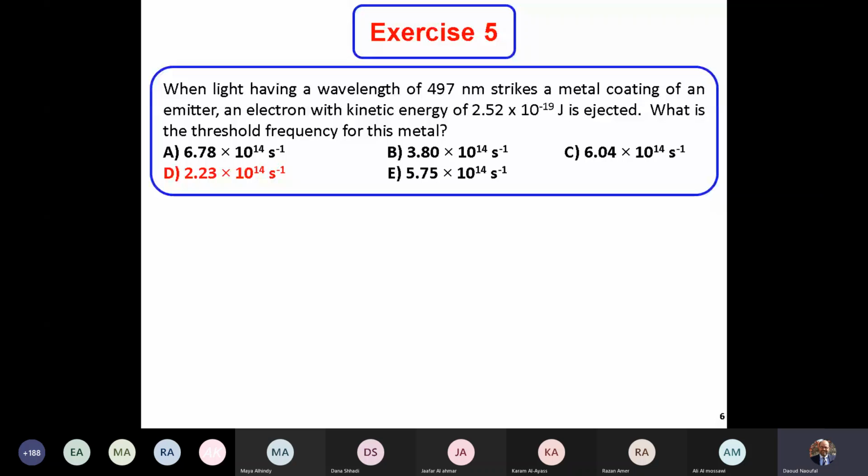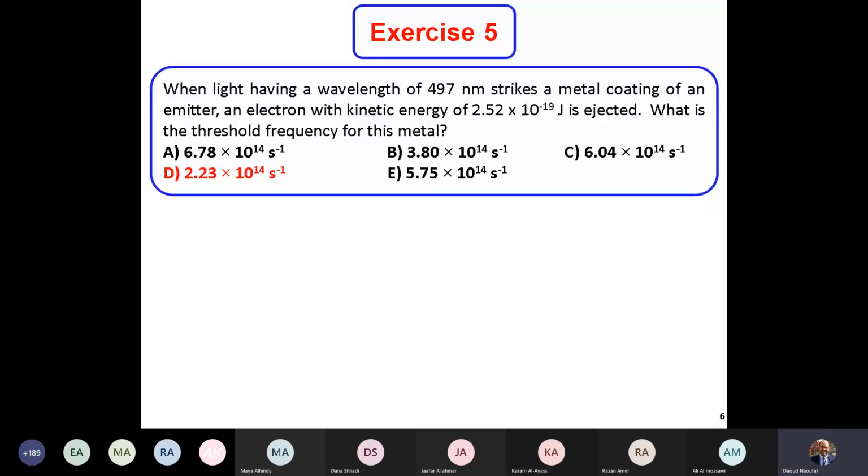By the principle of conservation of energy, E total, that means E of the initial radiation, equals E0 plus Ek, which is the kinetic energy of the electron ejected. So in this exercise, we only have to apply the formula E total equals E0 plus Ek. E total is the energy of the radiation that strikes the metal.